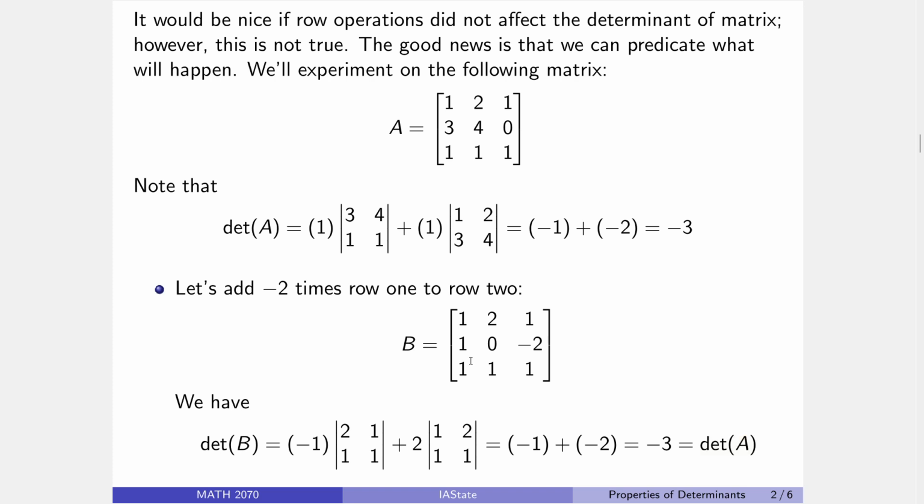Now, note here, if I did not include my minus sign shenanigans, if I let that be a positive 1 and a negative 2, I would not have arrived at our original determinant value. Oh, interesting. Maybe cofactor expansion is built off of I want row operations to not do anything.